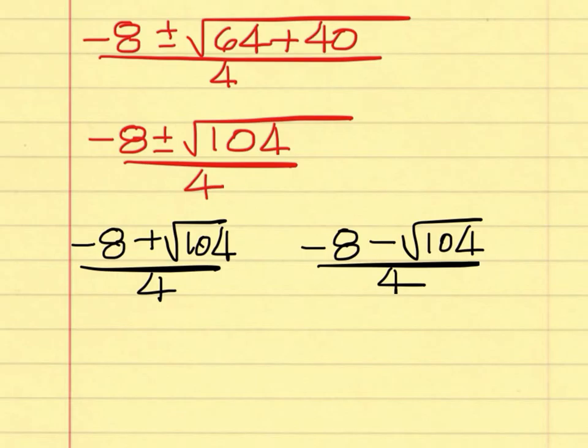If you round to the tenths place, you should get 0.5. On the right hand side, put in negative 8 minus the square root of 104 and hit enter. Get that answer but divide it by the 4 and come up with negative 4.5.